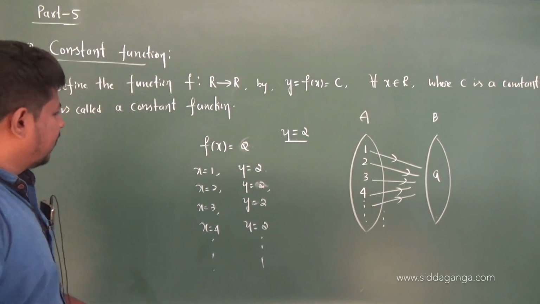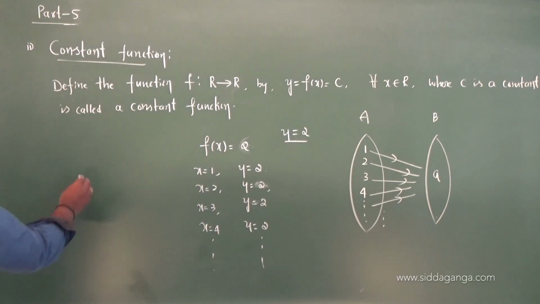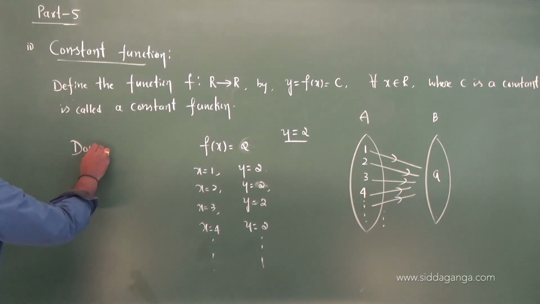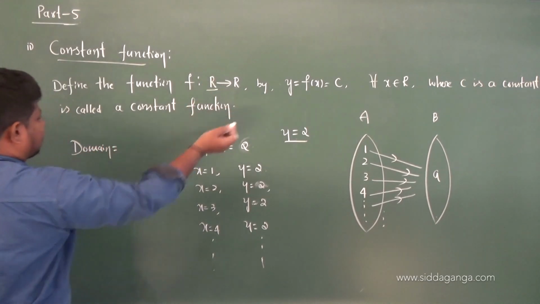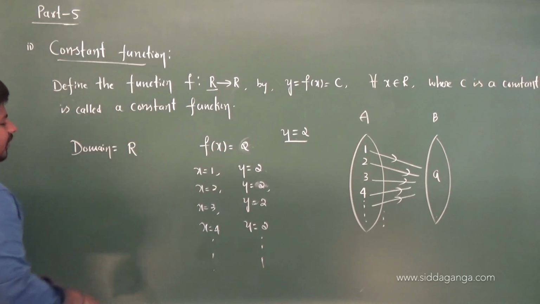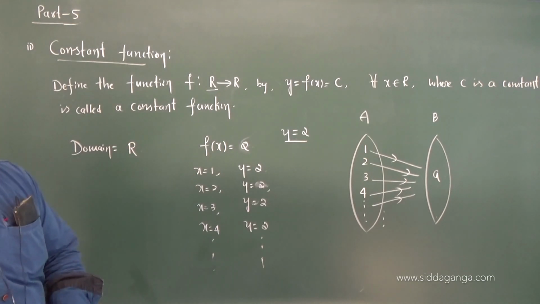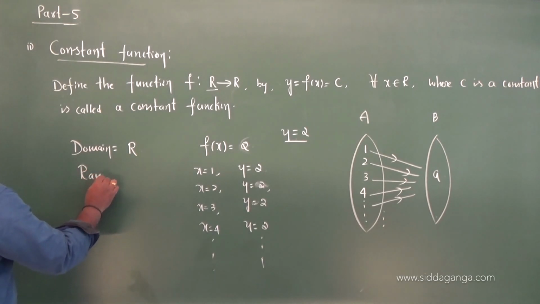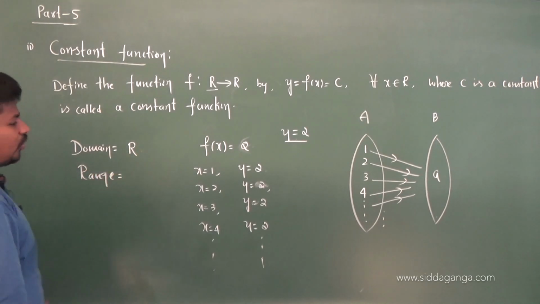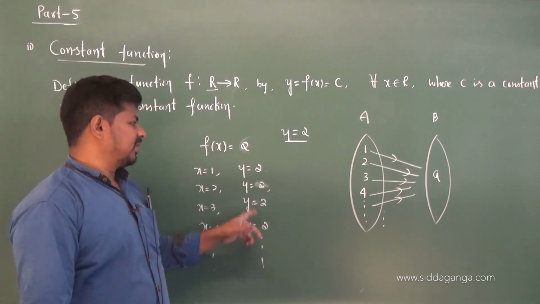Then what is the domain? Hope you got it, students. Domain is, of course, the set of all real numbers, or x such that x belongs to real numbers. What is the range? Yes, for any domain value, the range is the same, that's what we take as C.